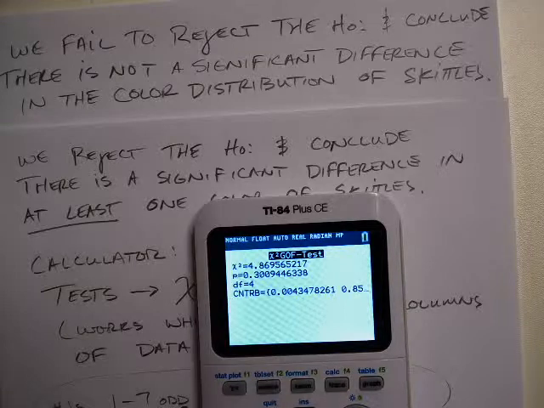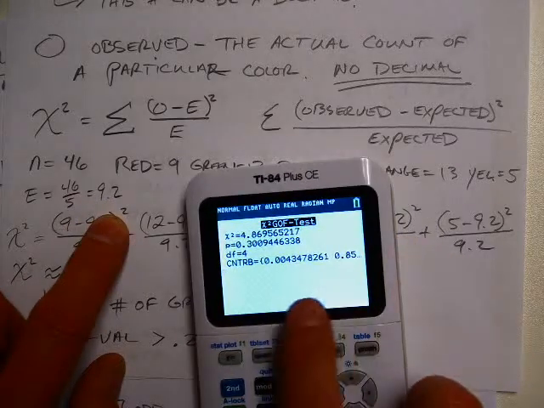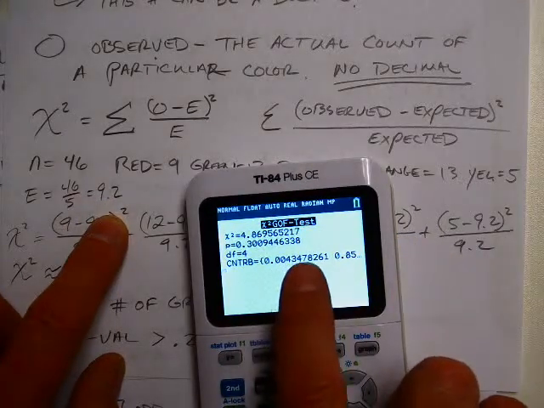And hopefully I get the same chi-square value that I calculated longhand. I did, 4.87. And my p-value, I said it was greater than 25%. It's 30%. And each one of these values in this CNTRB, I'm not entirely sure what that means, I just know what it is. These are the individual chi-squared values for each of these calculations. So for example, if I just did this, that would be the 0.00434.